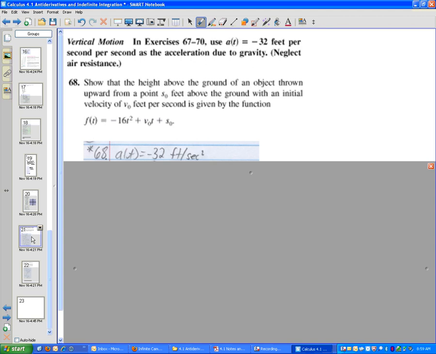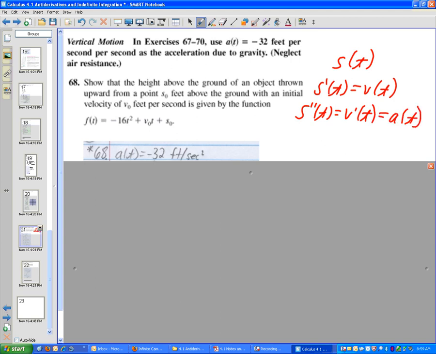All right. Now, remember how this works? You've got a position function. If you take its derivative, you get the velocity function. If you take the derivative again, you get the acceleration function.